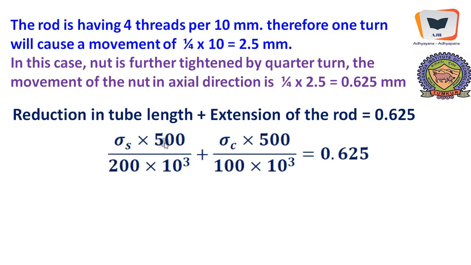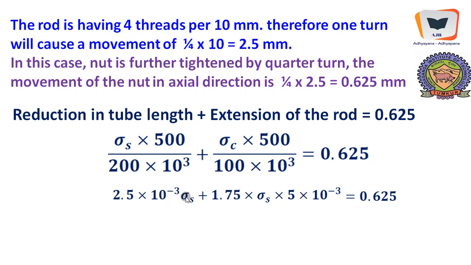So it is sigma S into 500, the length is 500 in both the cases, divided by 200 into 10 to the power of 3, plus sigma C into 500 divided by 100 into 10 to the power of 3, equal to 0.625. This is change in length in the copper tube, and this is change in length in the steel rod, which together equal 0.625.